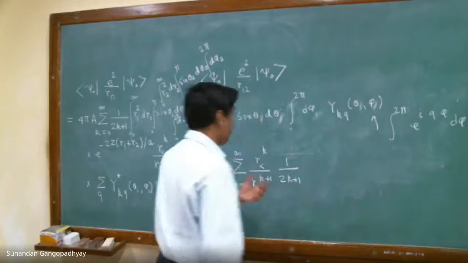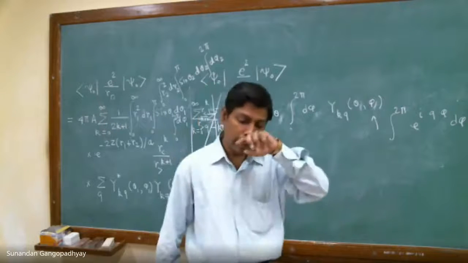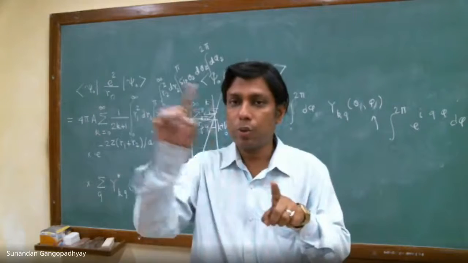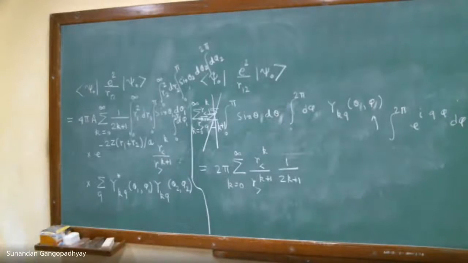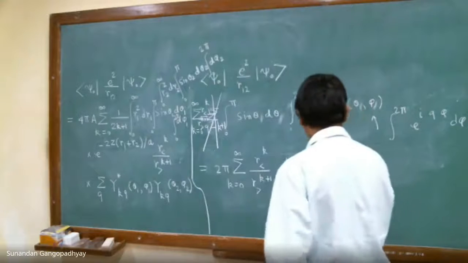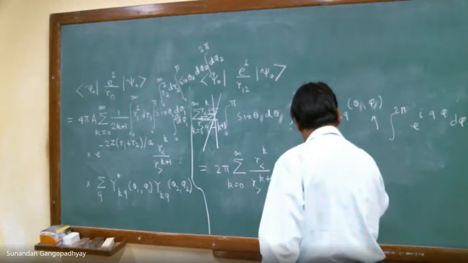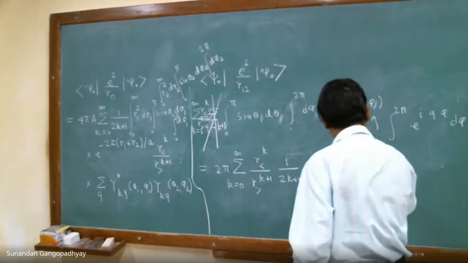And then we have some constant sitting in front, because you know that the spherical harmonics are related to the associated Legendre polynomials. There was a square root factor in front, which was basically (L minus m) factorial by 4 pi (L plus m) factorial, and on top you have a 2L plus 1. So that factor is also there. So let me write down that factor. That will give us 1 by square root 4 pi, and you will have a square root of 2k plus 1.